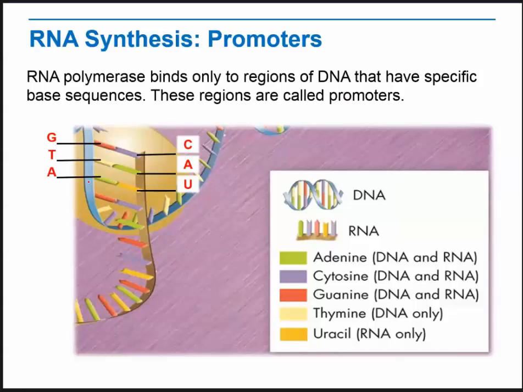The enzyme has unzipped the DNA strand. The template side of the DNA strand is being transcribed by base pairing. Notice that the guanine on the DNA side is pairing up with the cytosine on the RNA side. Thymine is complementary to adenine, and in RNA, adenine is complementary to uracil.